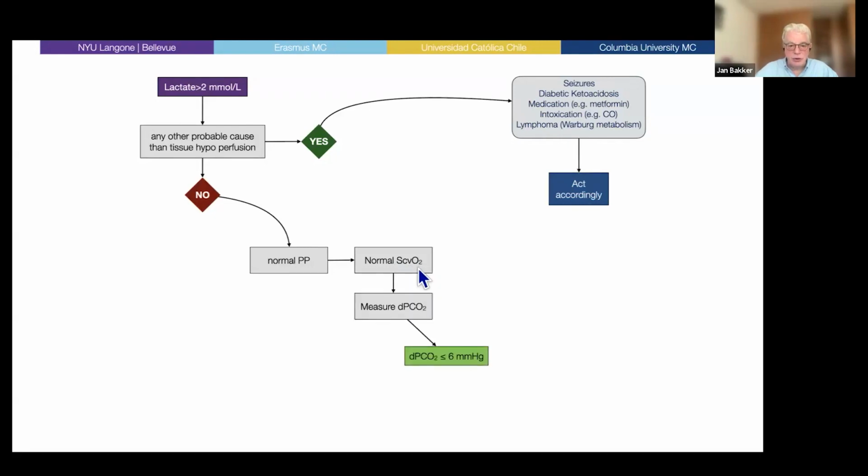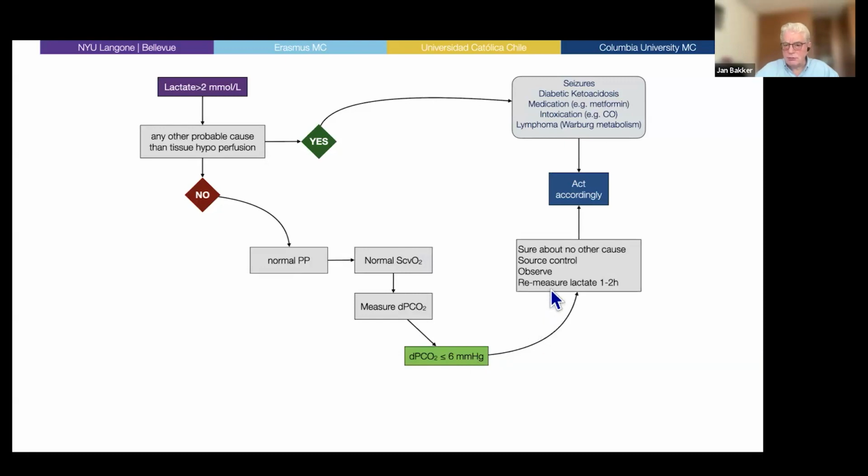If this ScvO2 is also normal, then measure a delta PCO2, the CO2 in your central venous line or your mixed venous line versus the arterial. If this is also normal, so everything is normal, then you have to rethink.